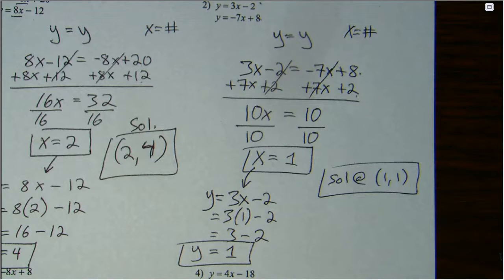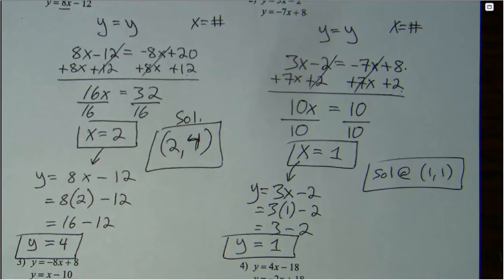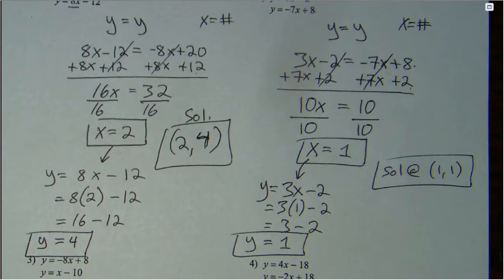All right, does anybody have any questions? You want me to go a little bit this way? Okay. This ability, by the way, you guys will use for the next 2 years at least.